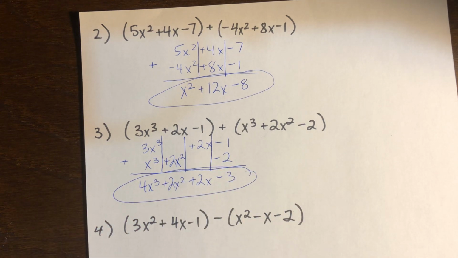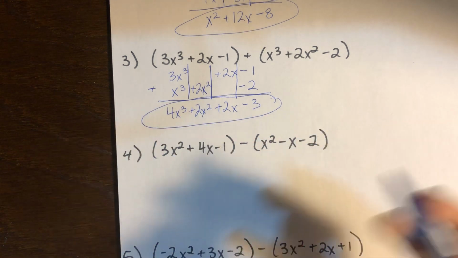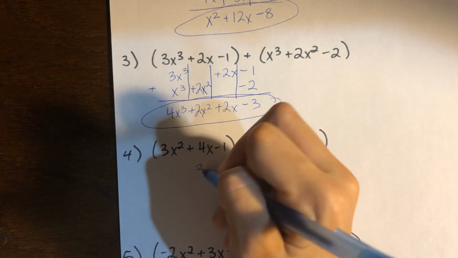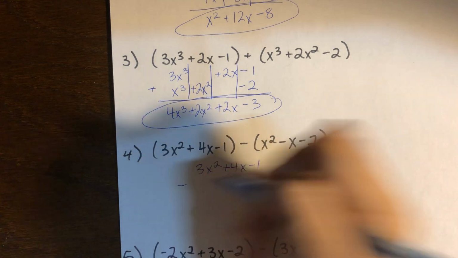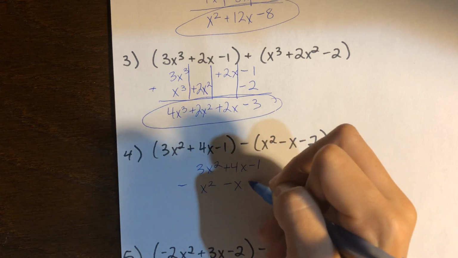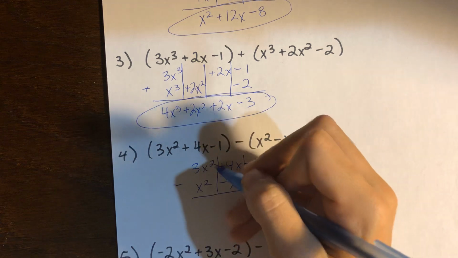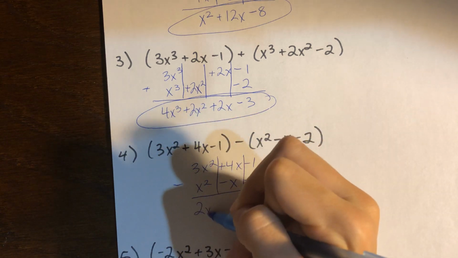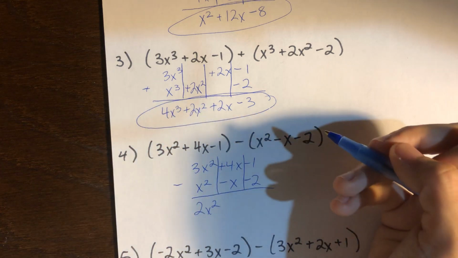Okay. Now we're going to be dealing with subtraction. Same idea, now we're just subtracting them. So we have 3x squared plus 4x minus 1 minus x squared minus x minus 2. So 3x squared minus x squared is 2x squared. 4x minus a negative x, which would be positive.